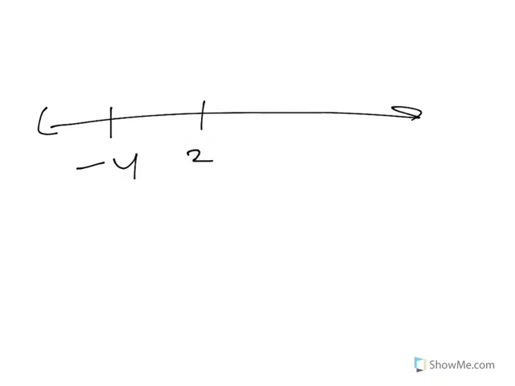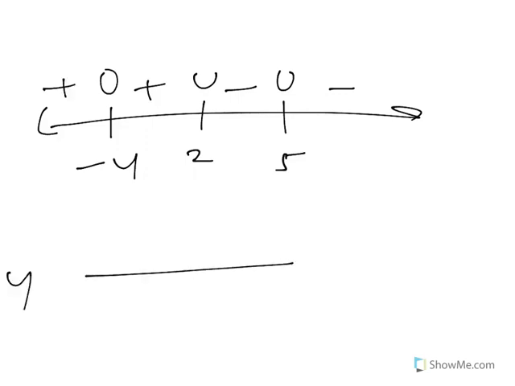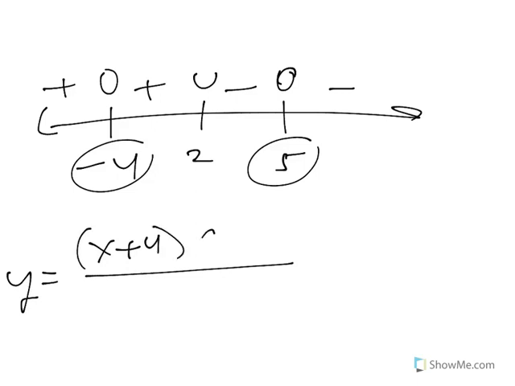A question I think is interesting is if you're given a sign chart, or given a graph for that matter, to go backwards and create an equation for it. So what you do is where the zeros are, that's where you put it into the numerator.